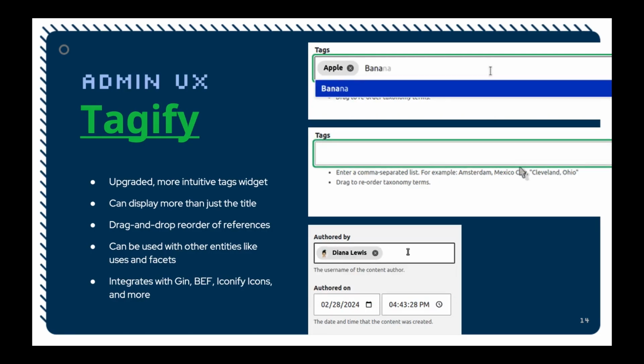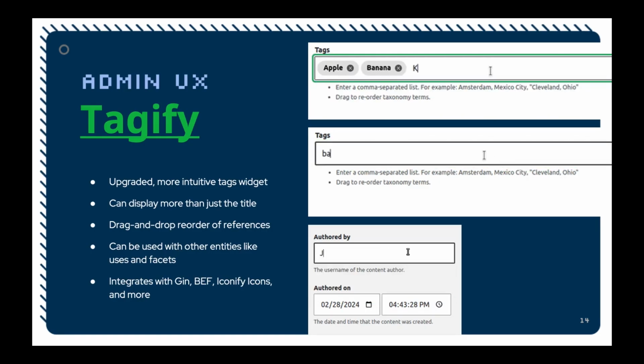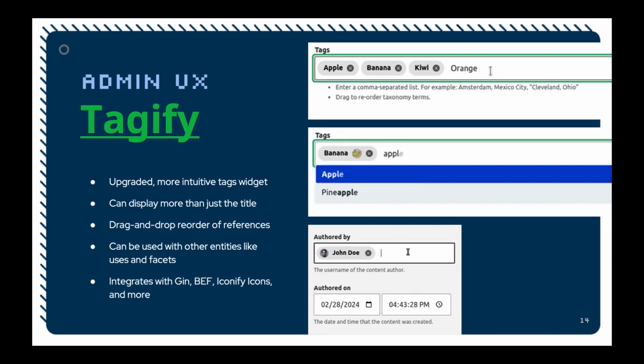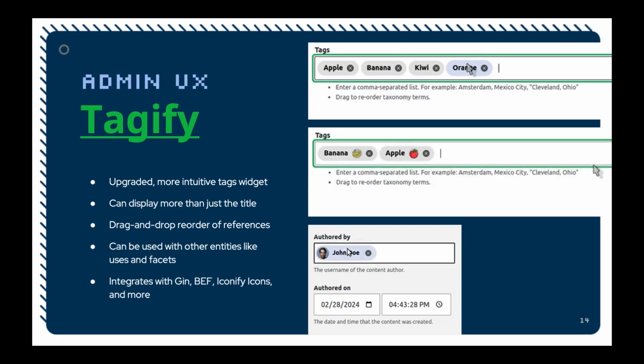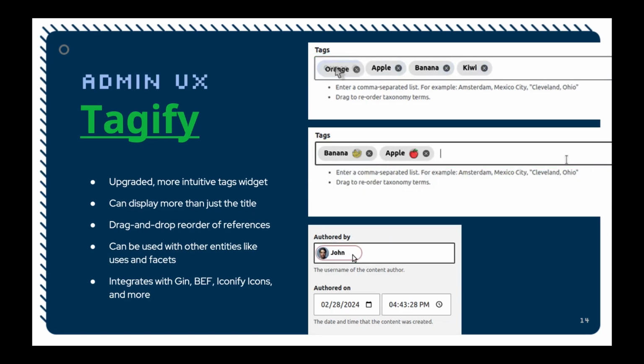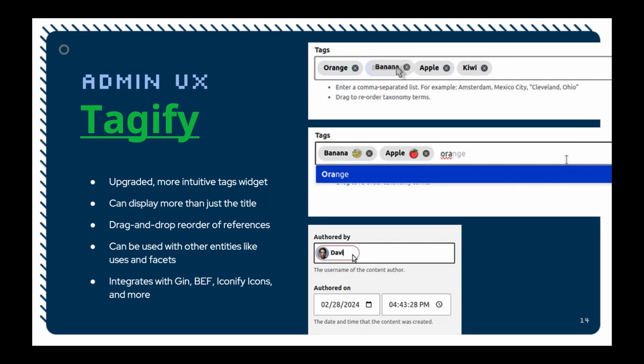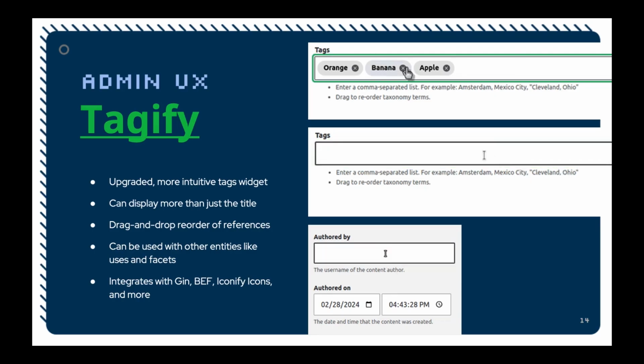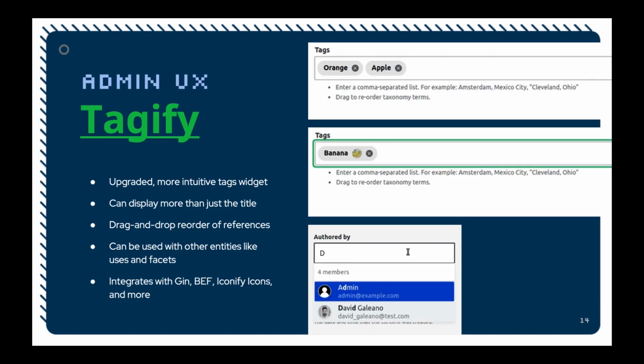You can also drag and drop to reorder them. And then you can also include text or other data from other fields. So you can see in that middle one, it's actually showing icons, or in the bottom, using users, it can show their headshot. So again, making it a little bit more intuitive and overall easier to use.